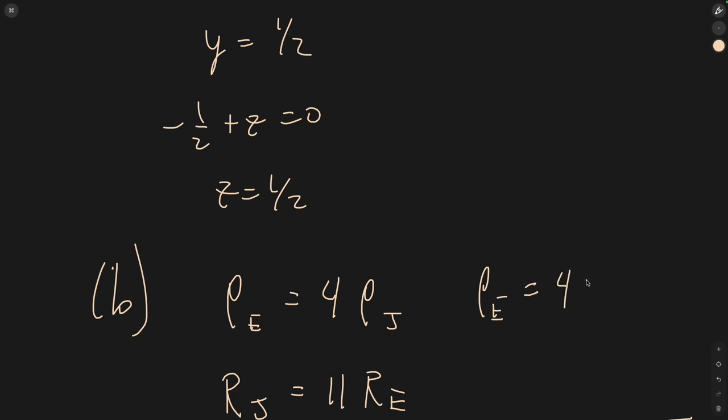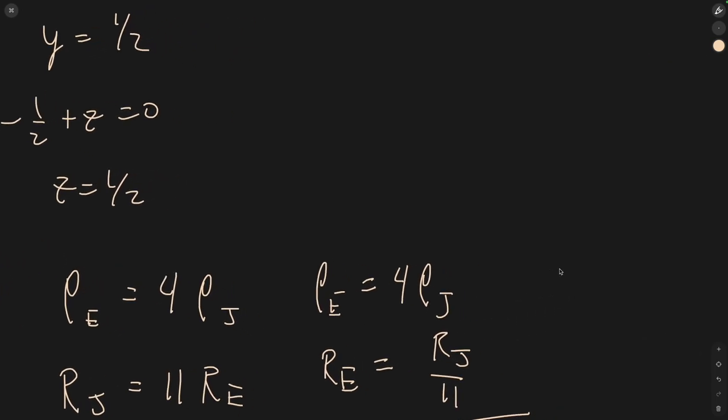So if you want, you can have Earth in terms of Jupiter, or you can have Jupiter in terms of Earth.